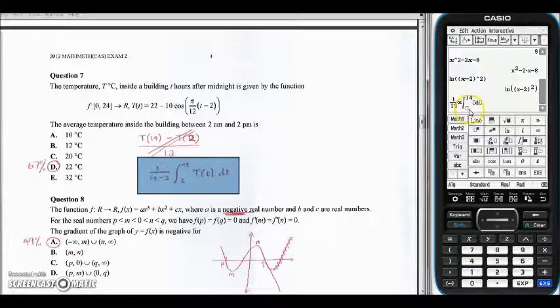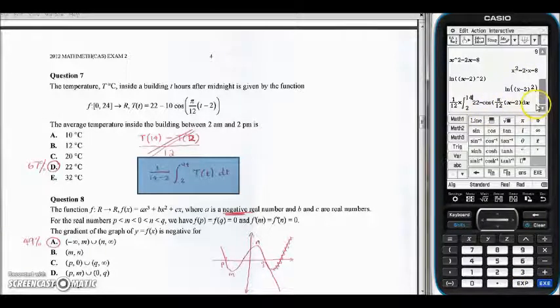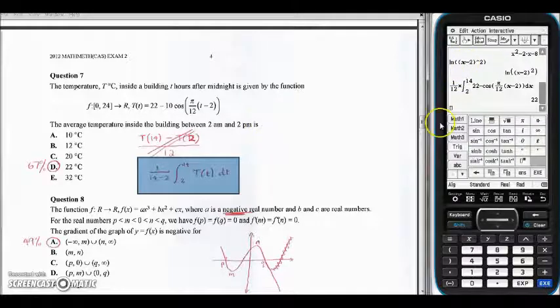So 2 to 14 of 22 minus cos of, it's a bit of an annoying one to type in, pi on 12 times, I'd use x instead of t so I don't have to go into the variable menu, and that will give me an incorrect number of arguments because I forgot to close the second bracket. There we go, 22, so that's D.